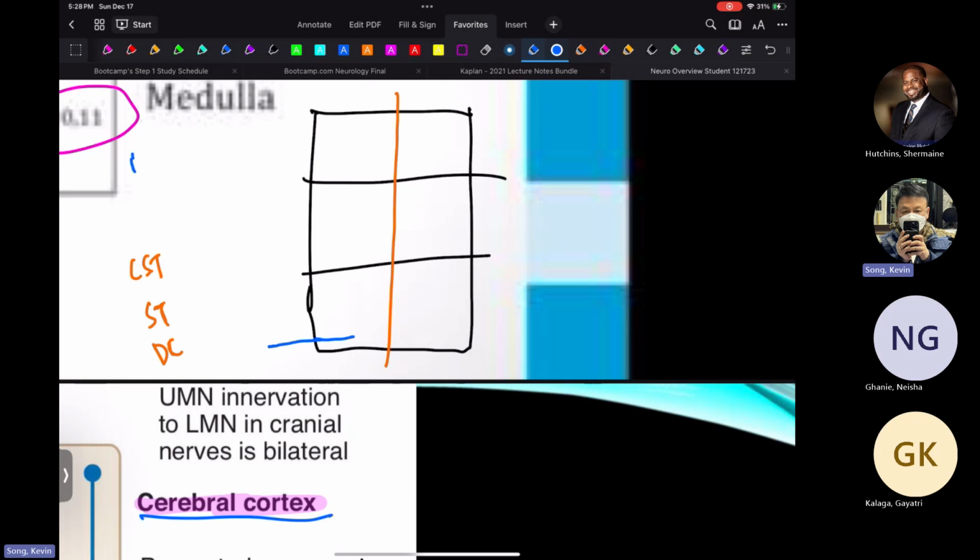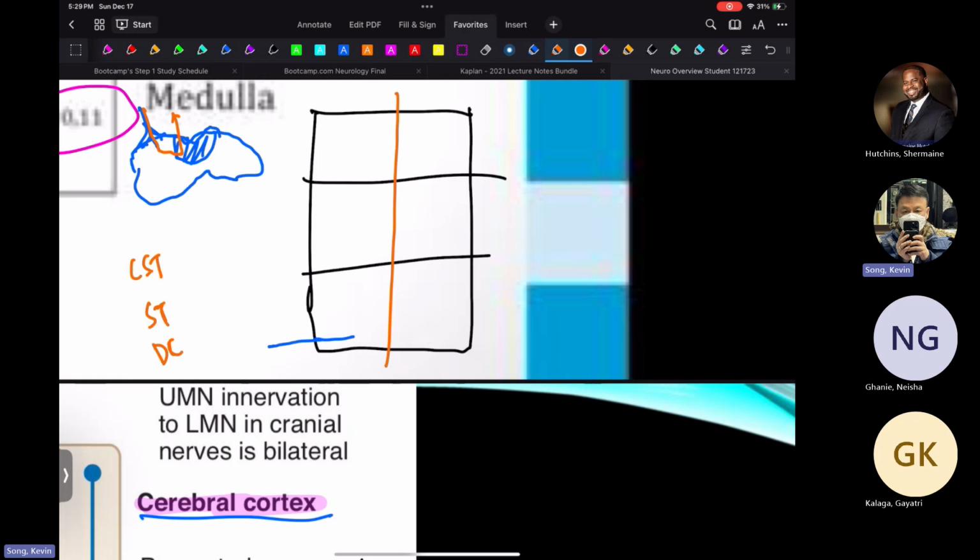It goes like this. Sorry, I'm so bad at drawing. And this is the dorsal column, right? It goes in here. As soon as it enters the dorsal column, it goes directly up to the bottom of the medulla. So that's the dorsal column.